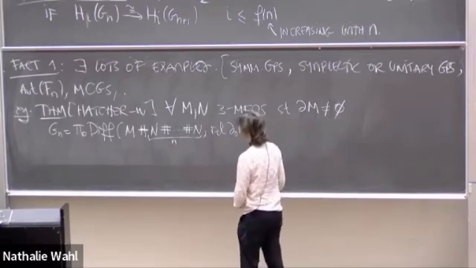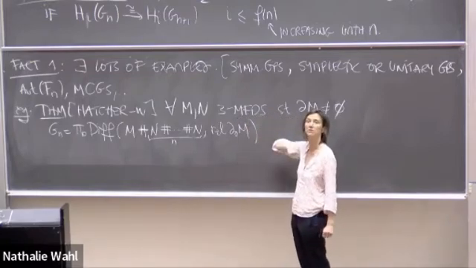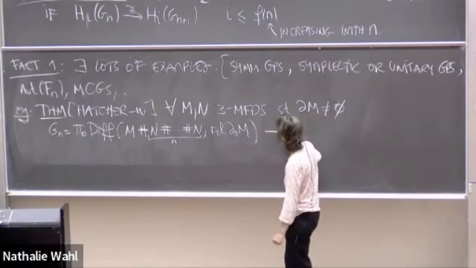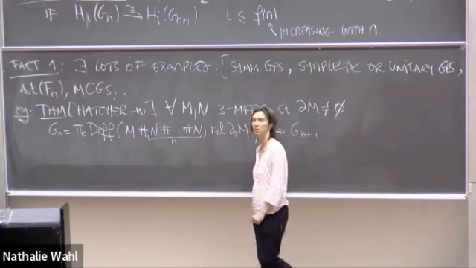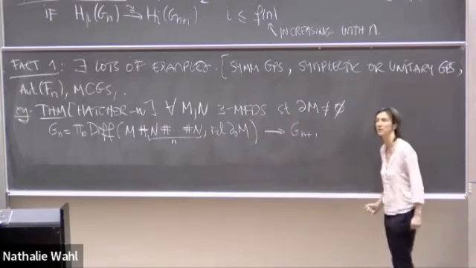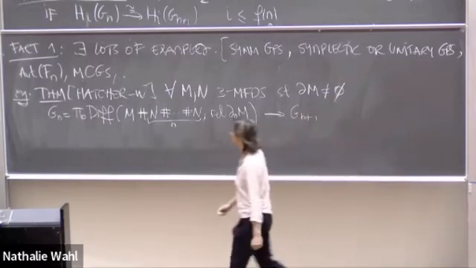And so for this group, having something fixed allows me to define stabilization maps. I will have a map to Gn plus 1 by adding an extra summand and adding the identity diffeomorphism on that summand.